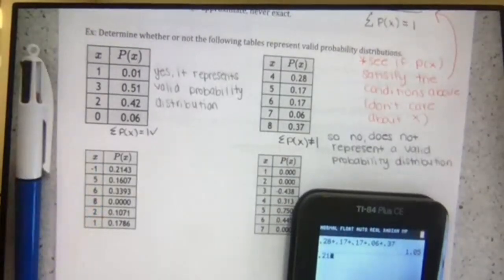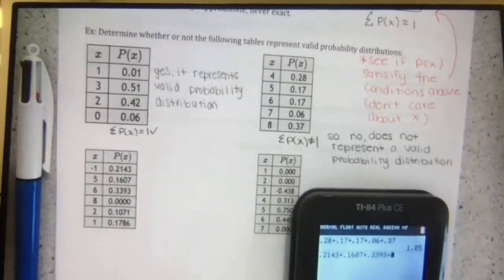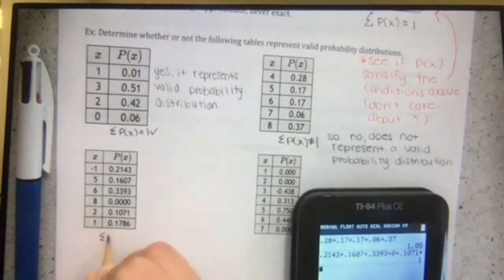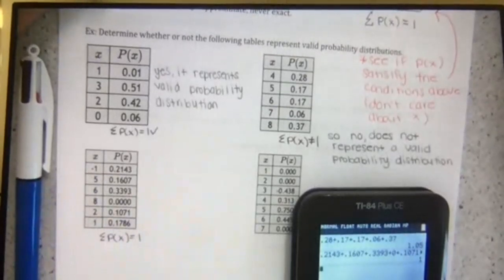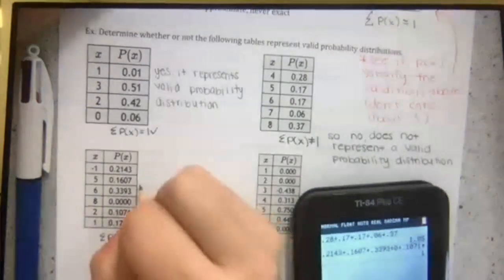So let's see if I add them all up. I do get 1, so that one's good. So all my probabilities are between 0 and 1, and the sum of adding up all the probabilities does equal 1.